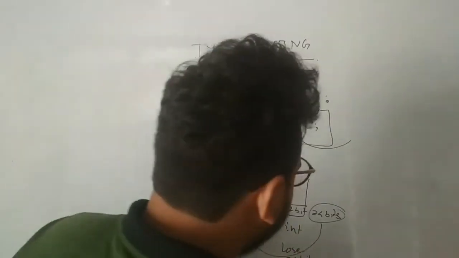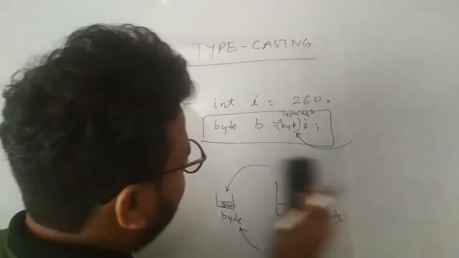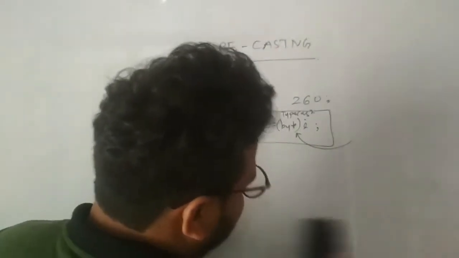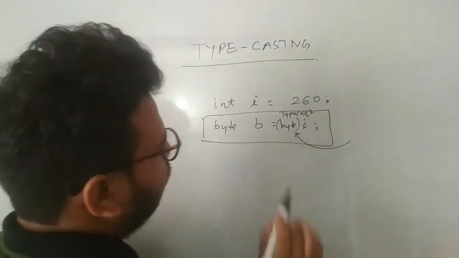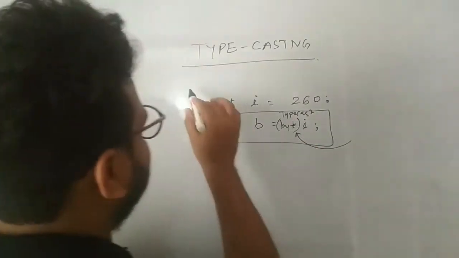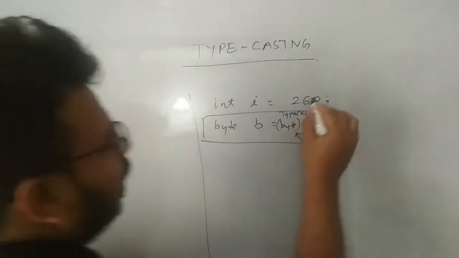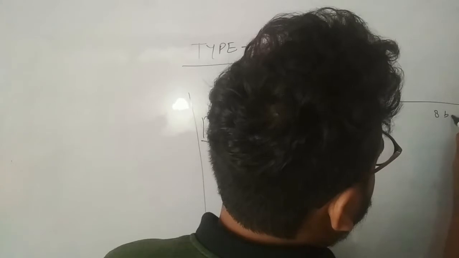Now what will happen if we convert this 260 to this? I am taking this example as 1 byte, that is 8 bits.